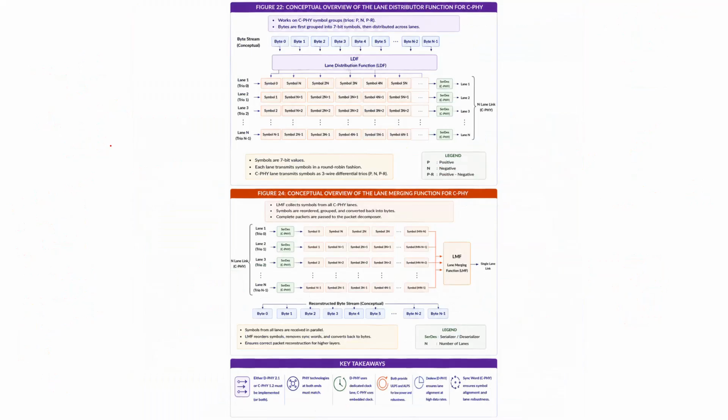Then we have different cases here. In this conceptual C-PHY layer, we have byte 0, byte 1, byte 2, byte 3, and different bytes are transmitting.